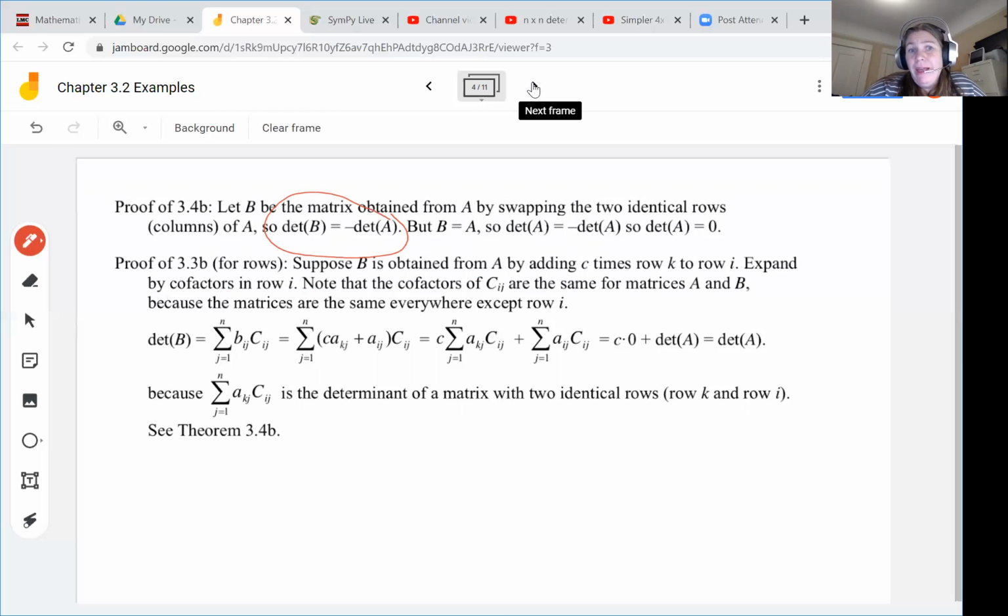But B equals A because we swapped 2 identical rows. So the determinant of A equals the negative determinant of A, and the only way that is true is if the determinant of A is 0. So that proves that if you have 2 rows or columns that are equal, then the determinant is going to be 0. And you can also visualize that, of course, by row operations, you could cancel those out if they're equal.